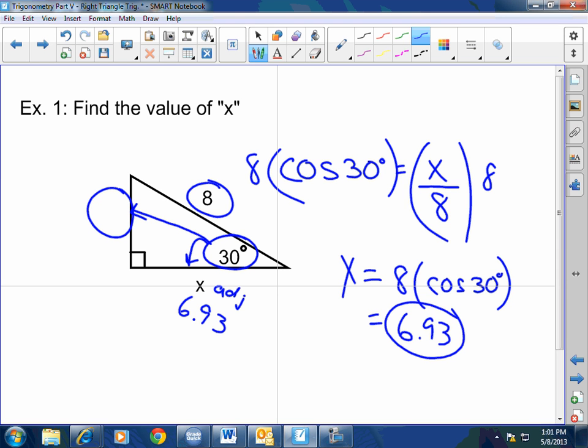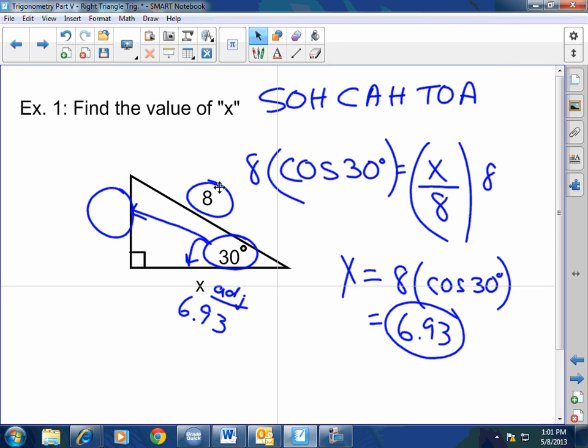Could I have used tangent here? No, because I don't have an opposite. What was the only thing I had? An adjacent and a hypotenuse. SOHCAHTOA. The only one that was activated was ka, because there was an adjacent and a hypotenuse.